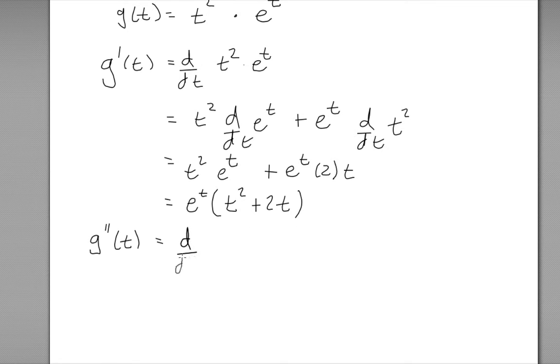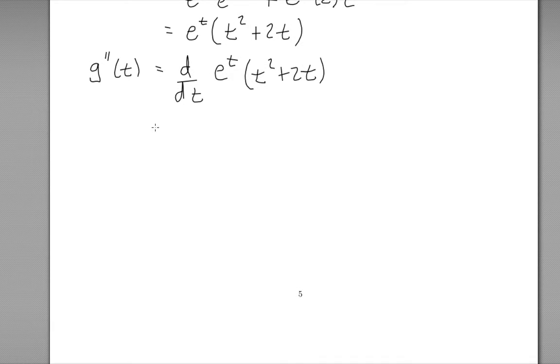So this, the second derivative of the original function g, is the derivative of what we just got, e to the t times t squared plus 2t. Now again, this derivative is going to involve the product rule, because here we have a function e to the t, and here we have another function t squared plus 2t.